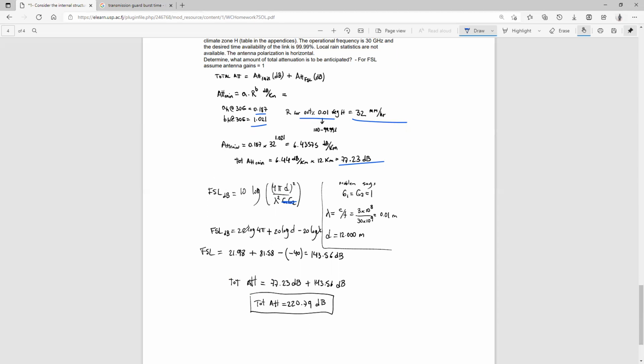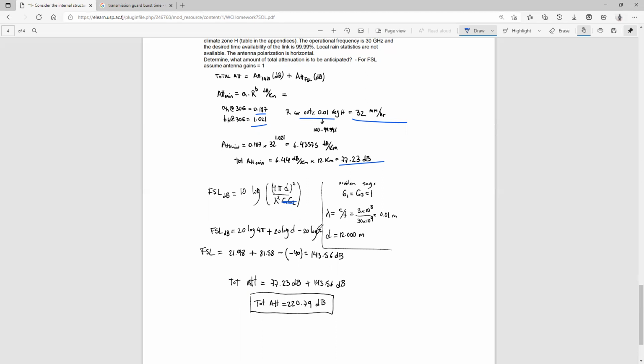So 2 times 10 is going to be 20. We can take 4 and pi as a constant. So that is 20 log 4 pi, plus, since d is multiplied with 4 pi, plus 20 log d. And then this lambda squared is divided, so again, since we have a square, these two will be multiplied with the coefficient over here. That will give us 20, and this negative is because of this division over here.